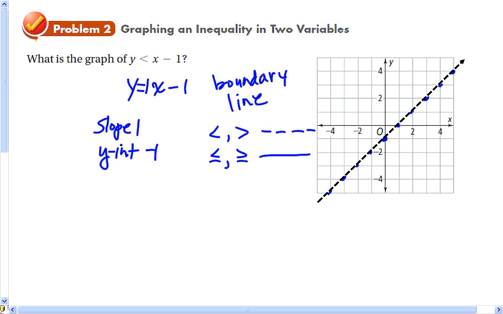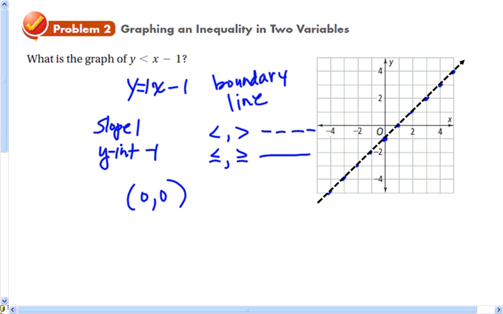All right. Now, all of my solutions, the ones I talked about earlier, are going to be on one side of the line or the other. So all I really need to do is test one point on one side of the line. If that point is true, then I'm going to shade that side of the line. If it's false, then I'm going to shade the other. An awesome point to try is the point 0, 0, the origin.